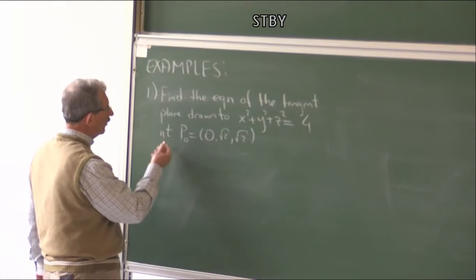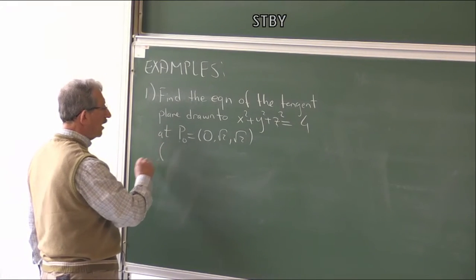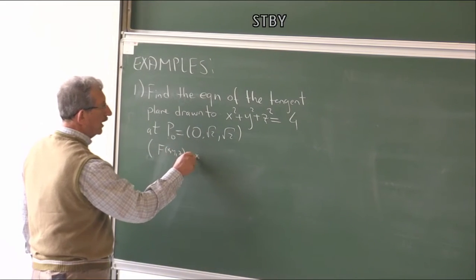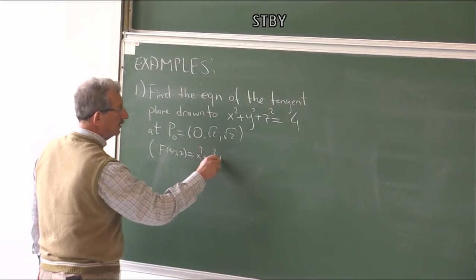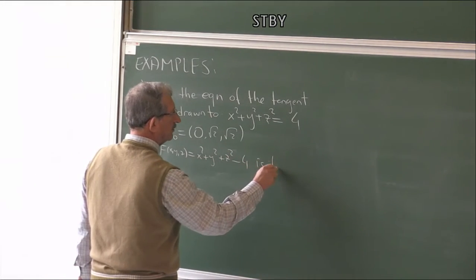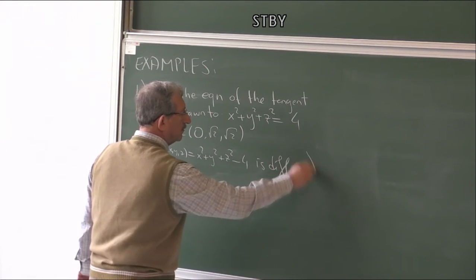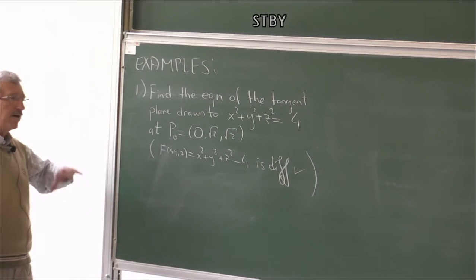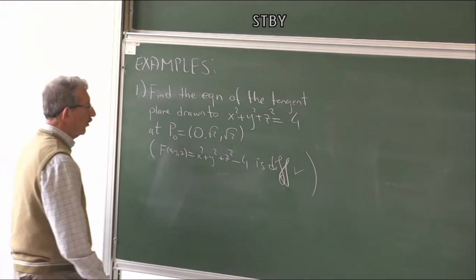Firstly, then, our f of x, y, z, x squared plus y squared plus z squared minus 4, is differentiable. So we can proceed with the formula we derived. There is a tangent plane, and so on.